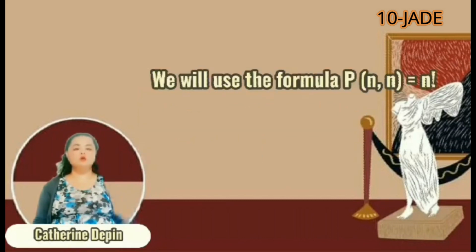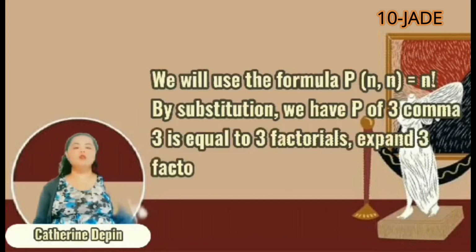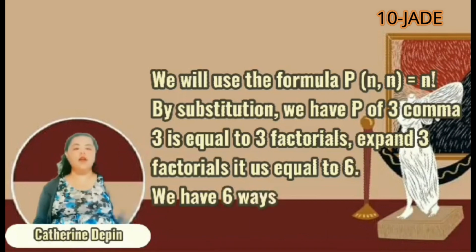We will use the formula P(n, n) is equal to n factorial. By substitution, we have P(3, 3) is equal to 3 factorial. Expand 3 factorial, it is equal to 6. That's why we have 6 ways.